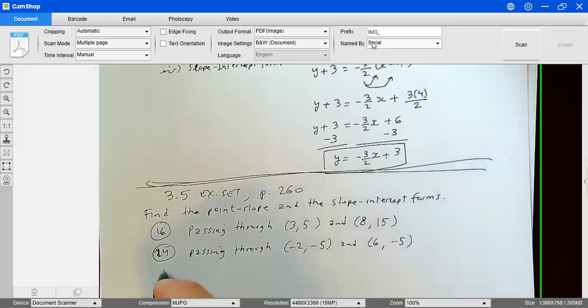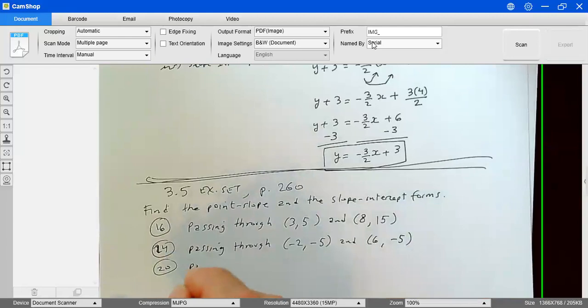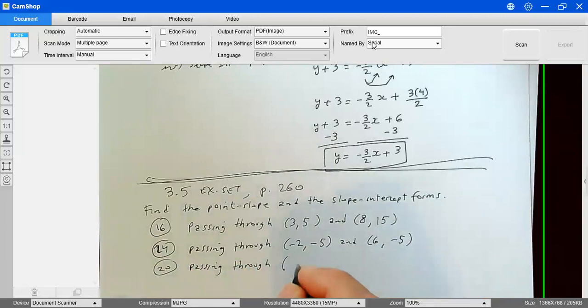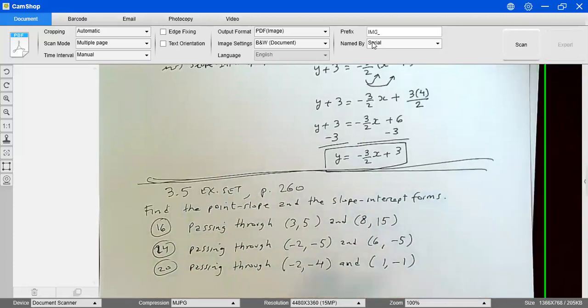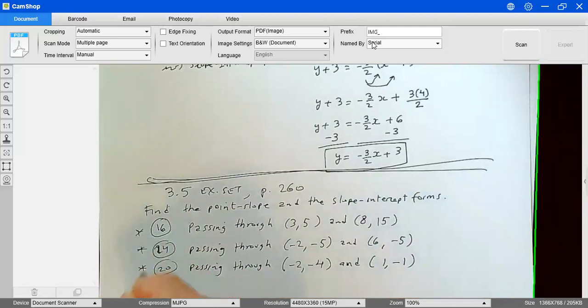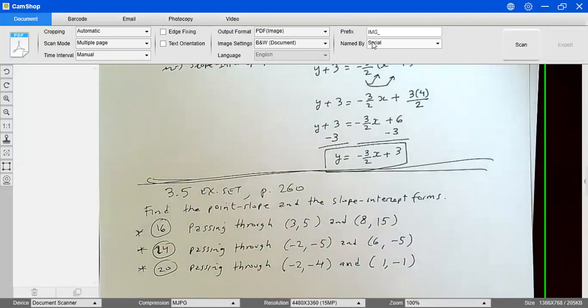And finally, problem 20 is another line passing through -2, -4, and 1, -1. So you're going to work on these 3 problems. This is important. You need to work on that. So I'm going to give you 15 more minutes, and then we're going to continue with the last section corresponding to this chapter.